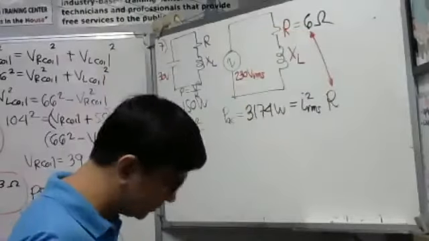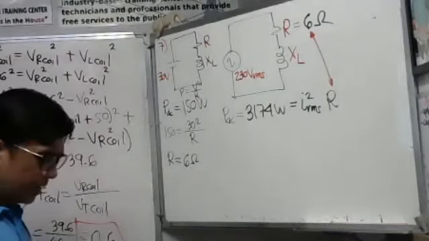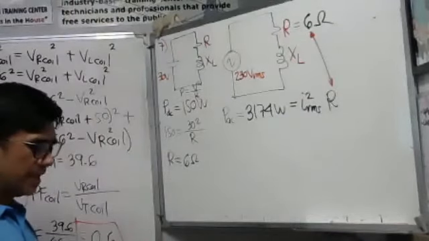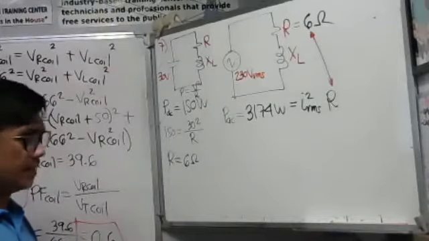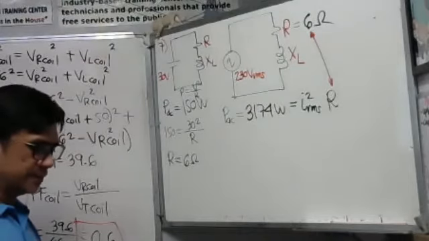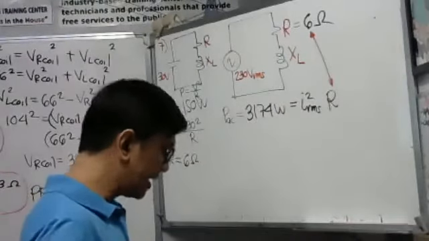So we can shift solve this one. We have 3174, alpha calc. So we have alpha, close parenthesis, x squared. Then we have to multiply it by 6. Shift calc equals. So the answer would be 23. The current is 23 amperes.